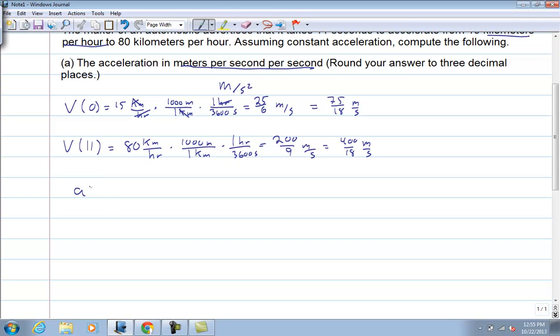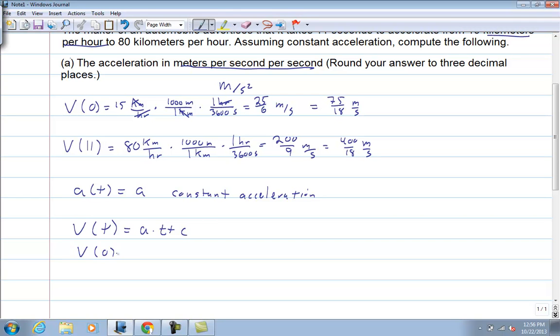Now, a of t, that's our acceleration with respect to time, is just a because we have constant acceleration. The velocity at time t is going to be the acceleration times time t plus some constant.